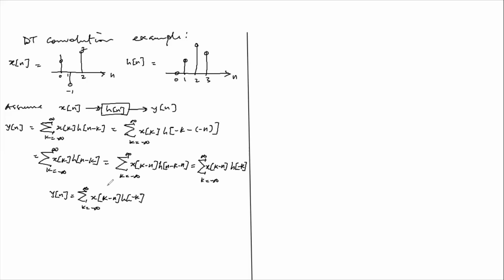Perfect. So if we replace n with k, let's assume such that x of k will now be the same as what we have here. So let us redraw this.